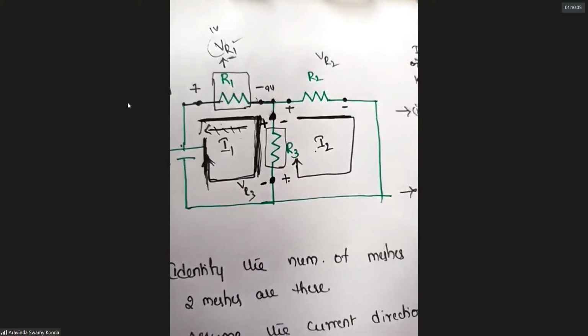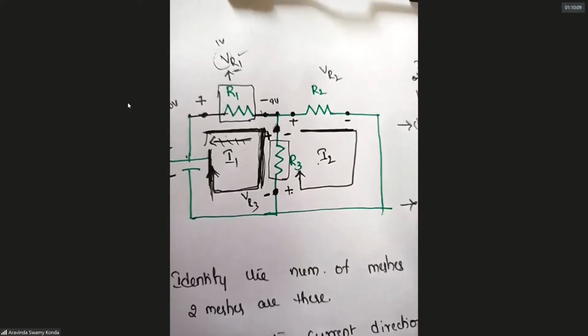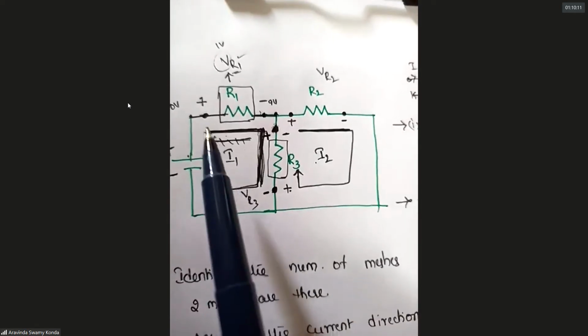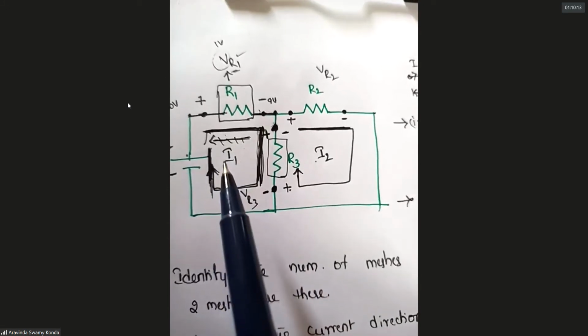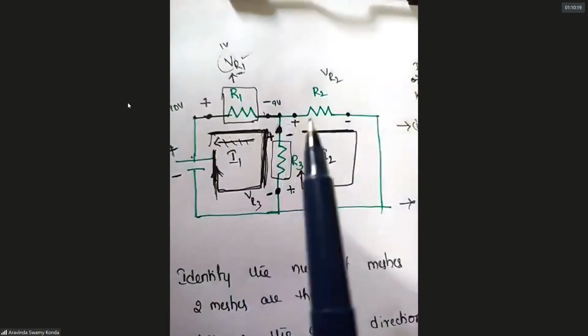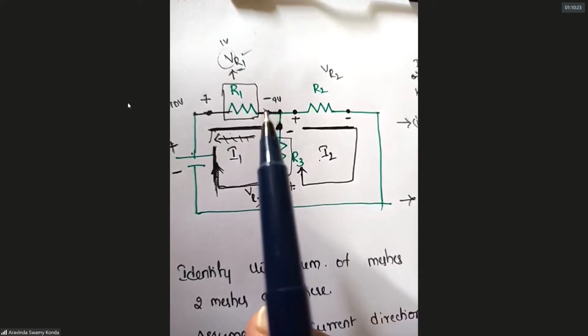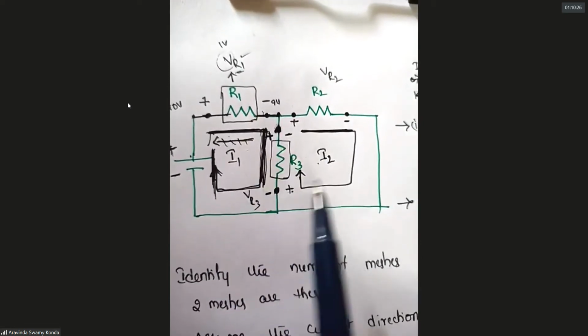If the element is an individual element of that mesh, take the current you assumed for that mesh as the current that flows in R1. Are you getting my point? If you want to apply the current, first know what kind of element it is: an individual element of the mesh or a combination element.